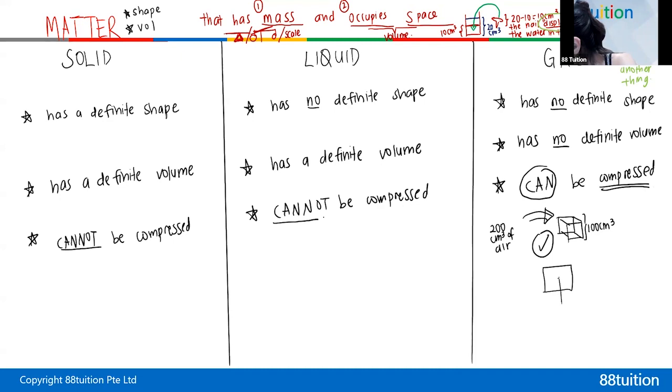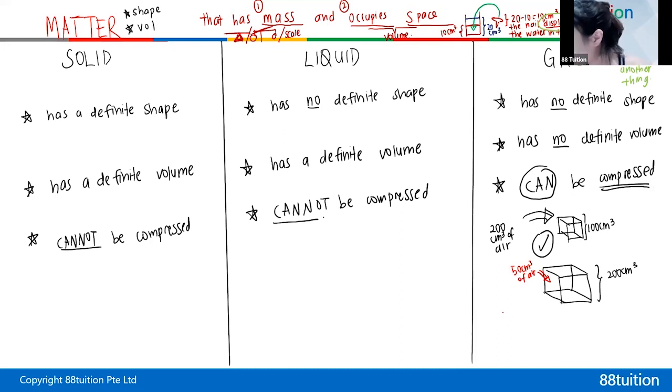One other thing I want you to remember is, let's take another look. I have another container. Now, this container is 200 cm cube. Inside already got air. And then the question says, I'm going to add in 50 cm cube of air.